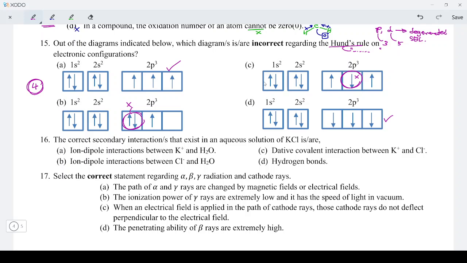So there was a similar question in the A-level paper. You can go and see that one. They kind of messed with the Aufbau principle also. They put some wrong answers for Aufbau. That means they try to fill 2p without completing 2s. So that's wrong, isn't it? According to Aufbau, 2s must be completed before filling 2p.